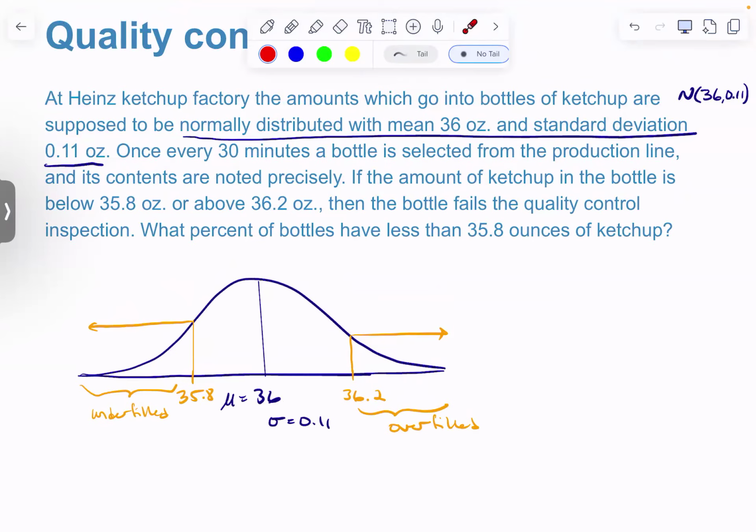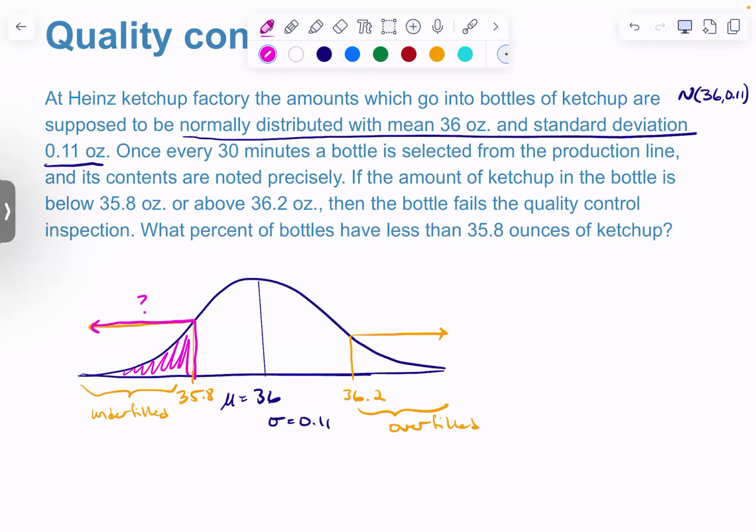In fact, we're really only asking what percent of bottles have less than 35.8 ounces of ketchup. So in terms of what we want to find, you can shade this area if you like, or I like to put a little question mark with an arrow coming up from 35.8.